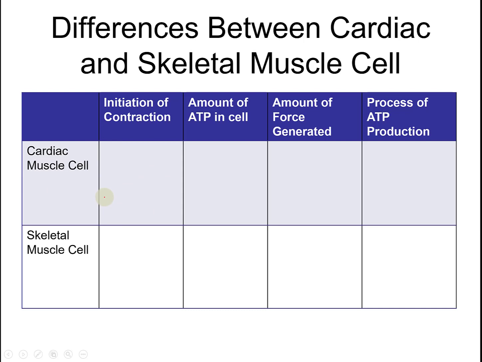What is the first step in contraction of a skeletal muscle cell? Well, it's a nerve impulse, or better known as an action potential. And remember, this action potential comes from the nervous system.